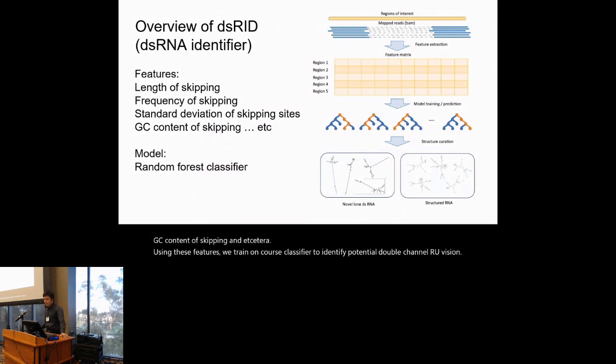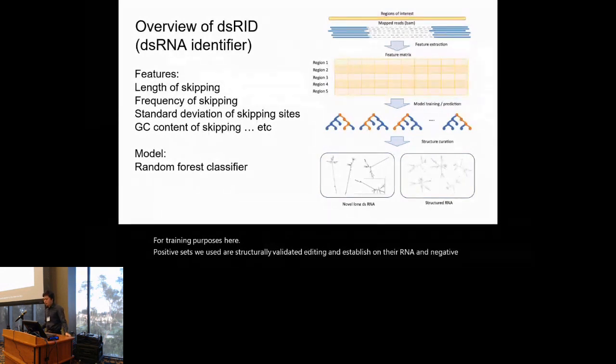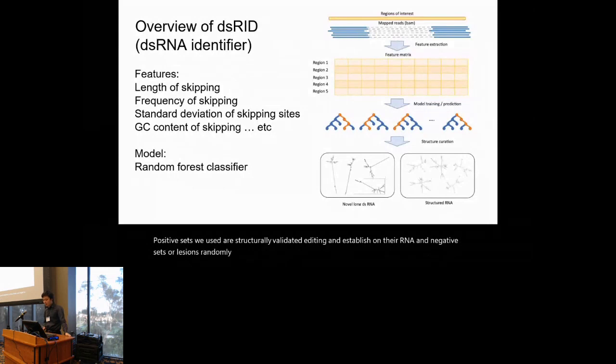For training purposes, the positive sets we used are structurally validated, editing enriched double-stranded RNA, and negative sets are regions randomly sampled outside the positive regions. After the model is trained and predictions are made, we filter those regions by computing secondary structure using RNA-fold to ensure long stretches of double strands.